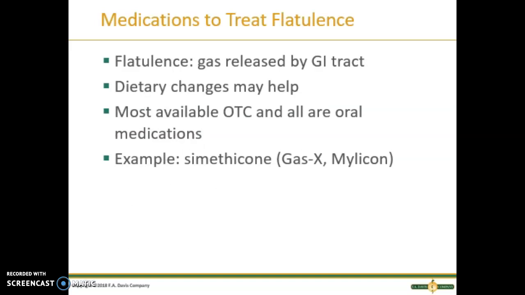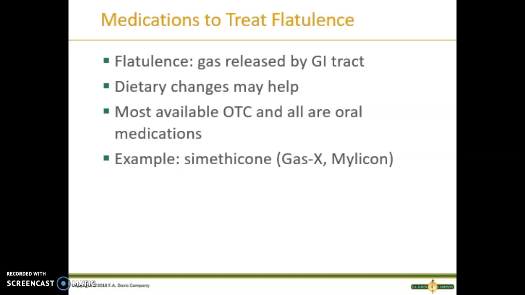Flatulence is gas released by the GI tract, and this can be caused by food as well as disease. So dietary changes may reduce flatulence, but if unsuccessful, antiflatulants may be prescribed. So some examples of the dietary changes might be to decrease consumption of cabbage, onions, and beans.